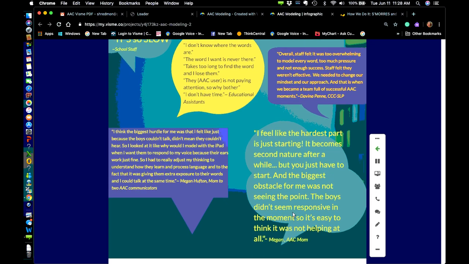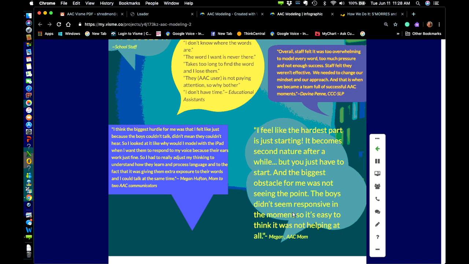Something I feel in this slide, and the quotes that are the biggest for me, is Megan, who's an AAC communicator mom, and I spoke about her earlier, is that she really didn't get the point. She said, they could hear me, they understood me, so their ears work just fine. Why would I need to point to pictures to show them?